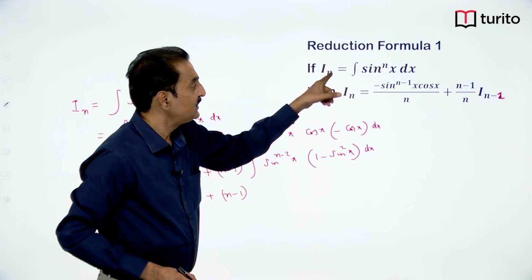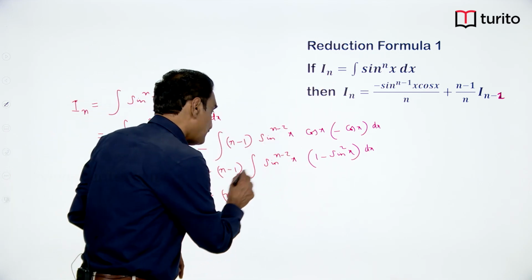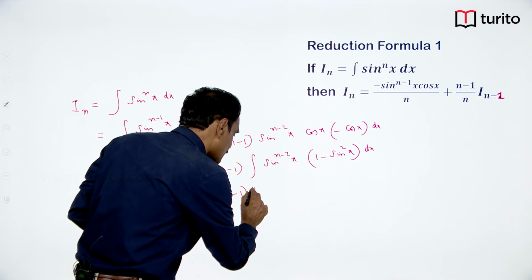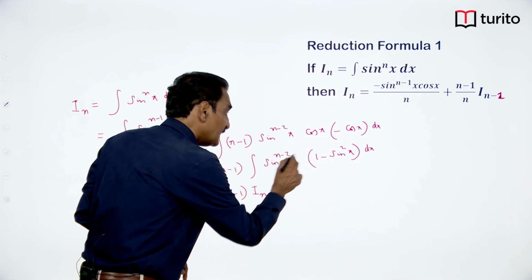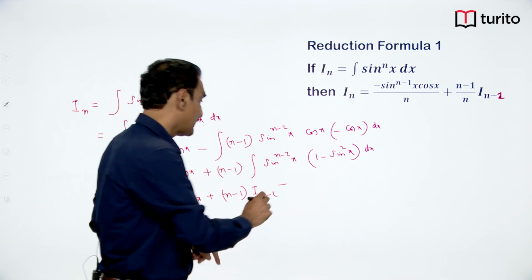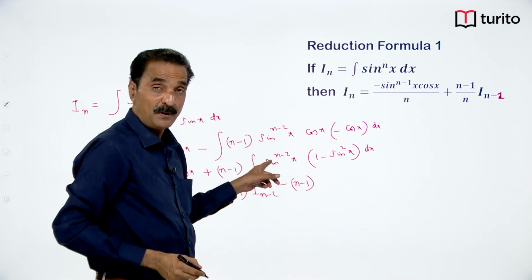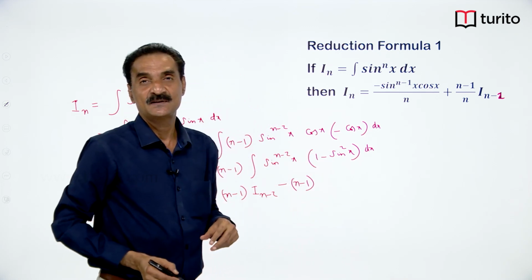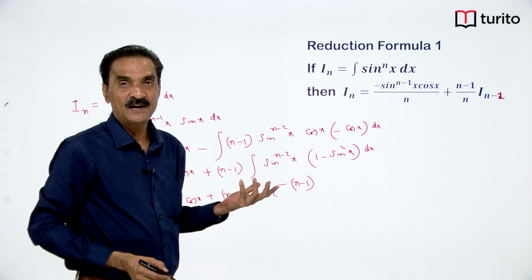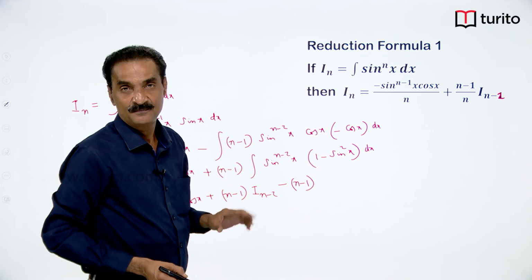If this is In, then this will be In-2. So, (n-1) into In-2, minus (n-1) into again sin^(n-2)x into sin²x. It will be sin^n x. Integral sin^n x dx is In.